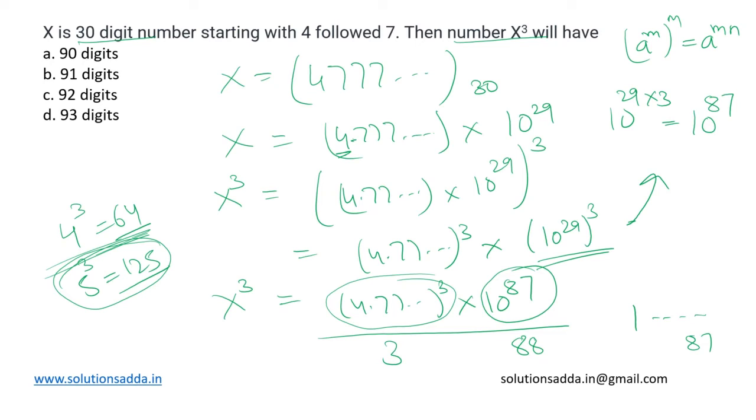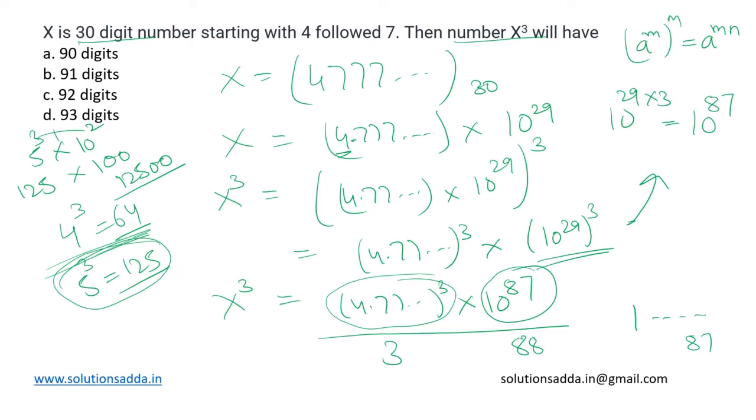But we know that when we say, for example, 5 cube into 10 square, this is having 3 digits, 125, and 10 square is having 3 digits again, 100. And when both of them are multiplied together, what is the number of digits in the result? 12500, which means 5 digits. 3 plus 2, 5.